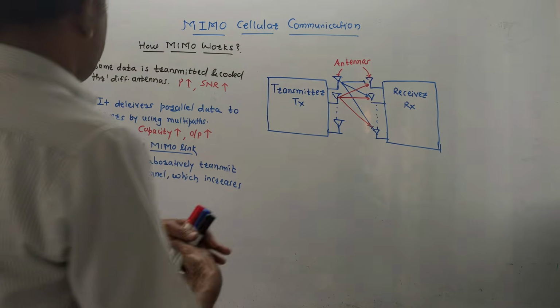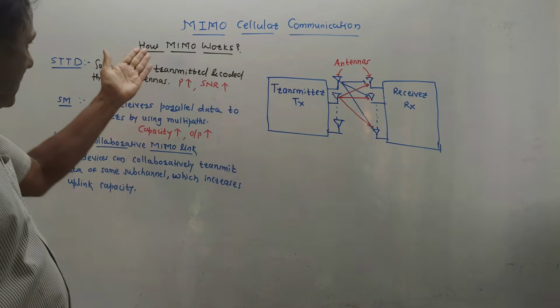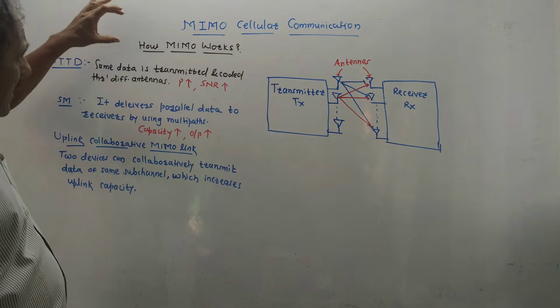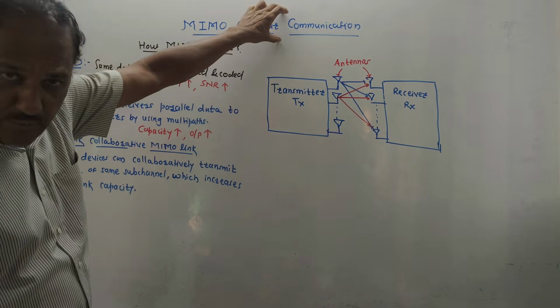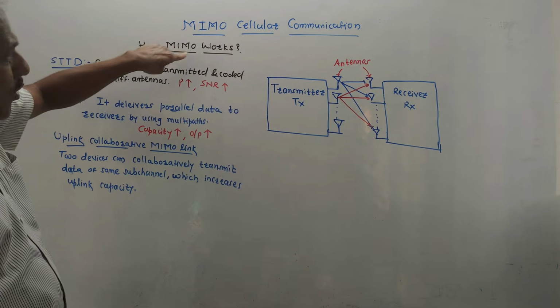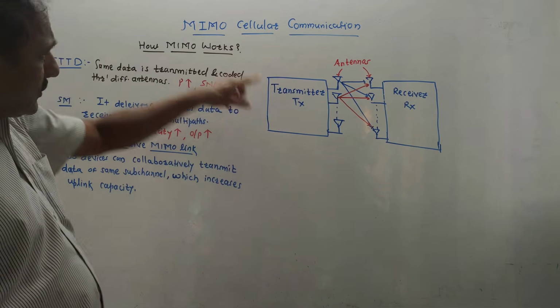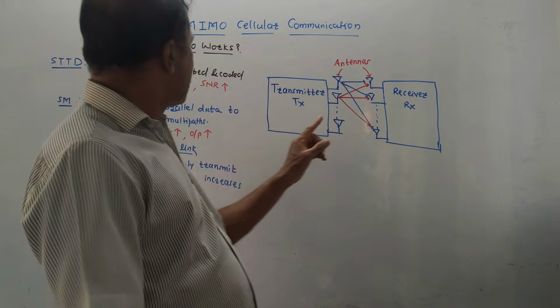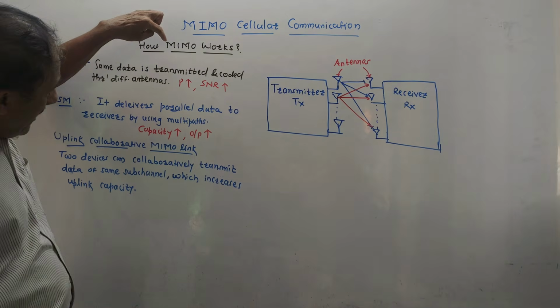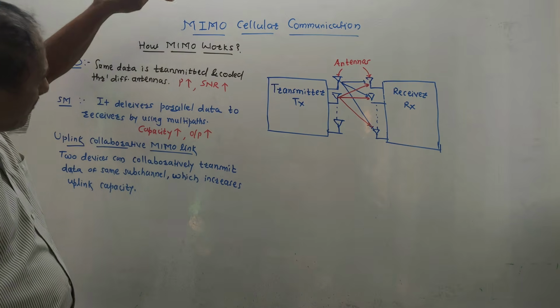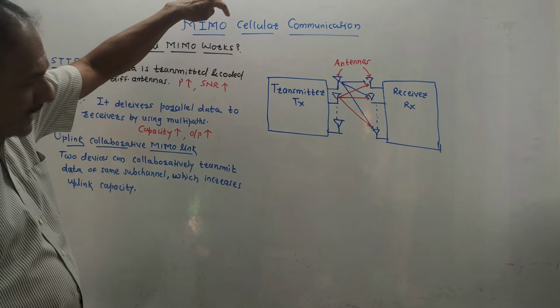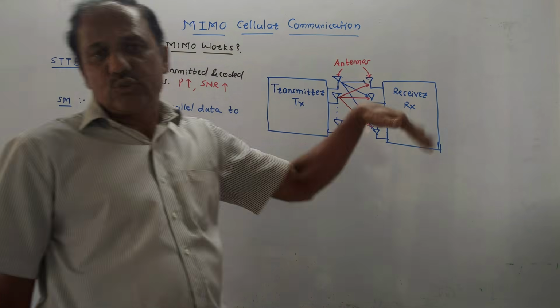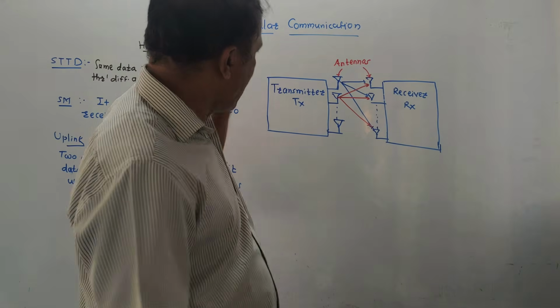The next part: first I will tell you what the question can be. What is MIMO cellular communication and how does MIMO work? So this is the block diagram of a MIMO system. As I mentioned earlier, MIMO stands for multiple input, multiple output. It is usually used in cellular communication.